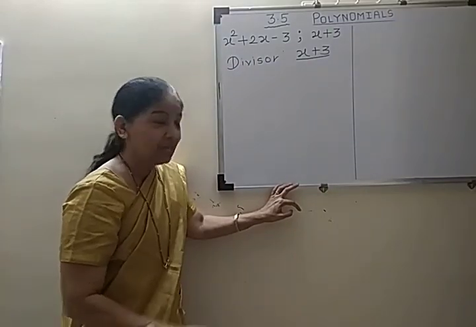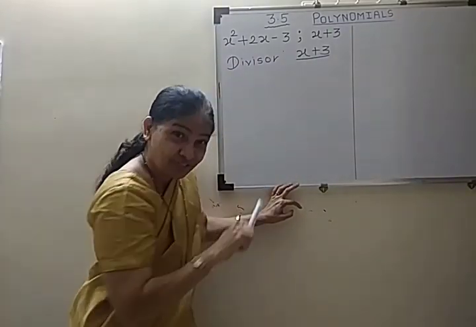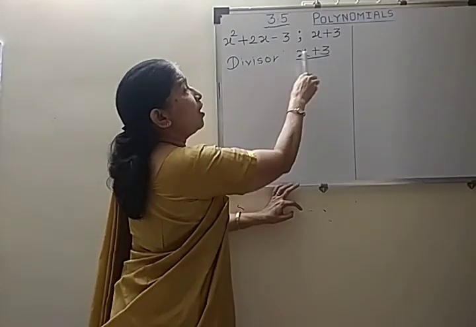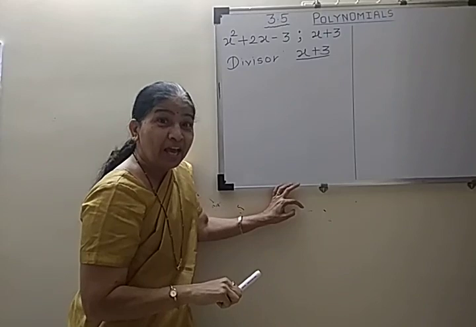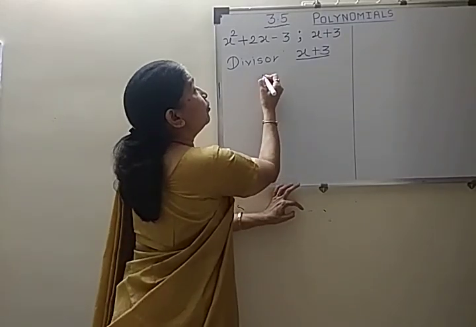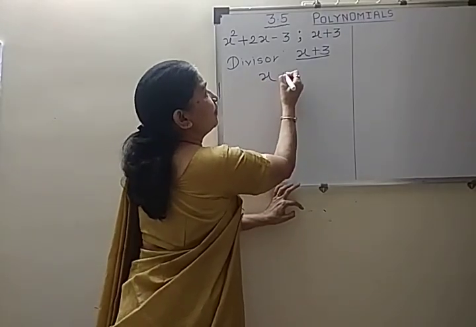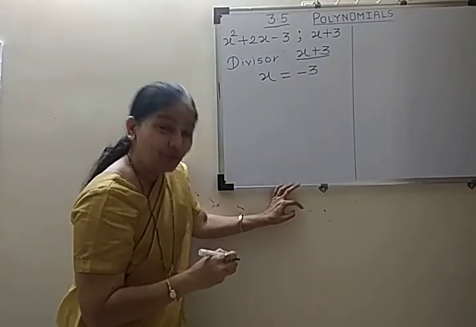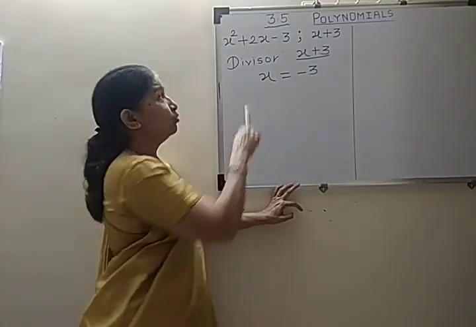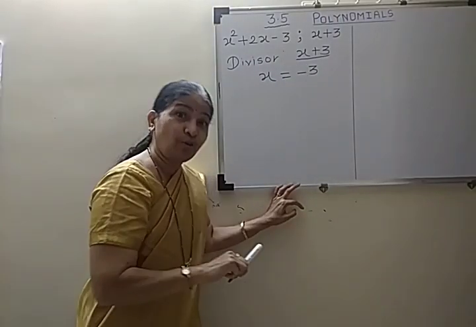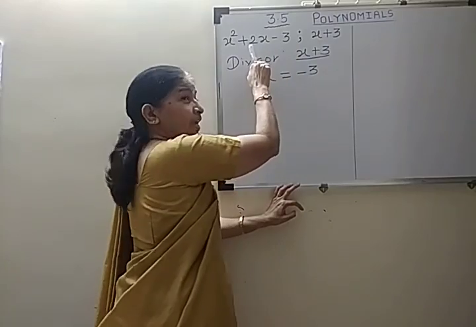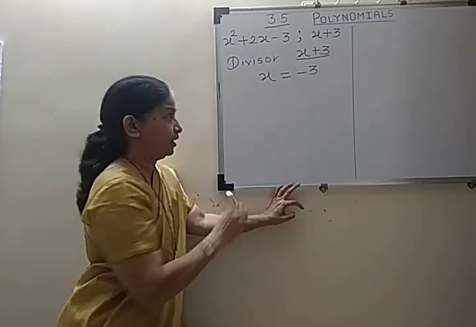We have to decide whether this one is a factor of this one or not. If the divisor is x plus 3, you have to take x equal to minus 3.